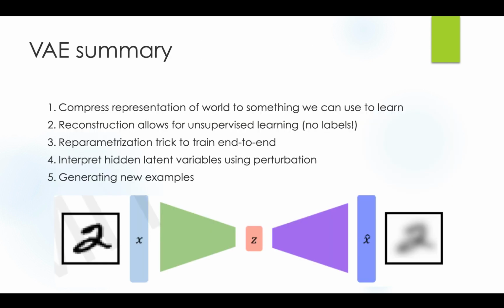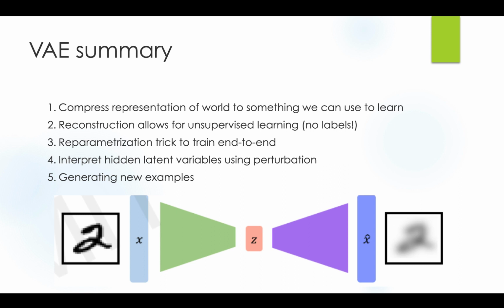So, to sum up VAEs a little bit, VAEs compress representations of the world to something that we can use to learn. Okay, what does this mean? We start from a data set and it compresses it into a smaller representation, which actually has a very meaningful semantic disentangled representation. It's trained fully unsupervised, so we can reconstruct from unsupervised learning.